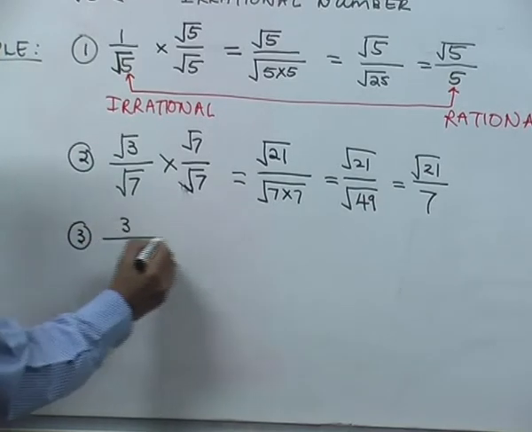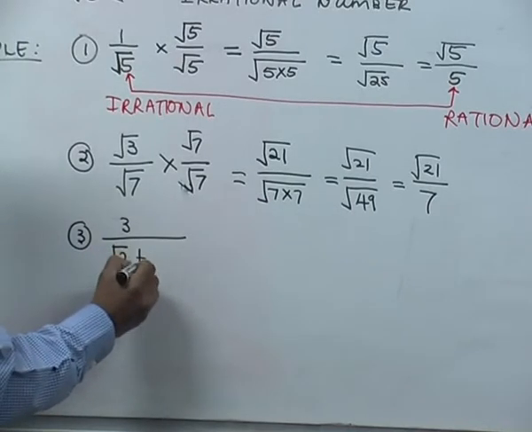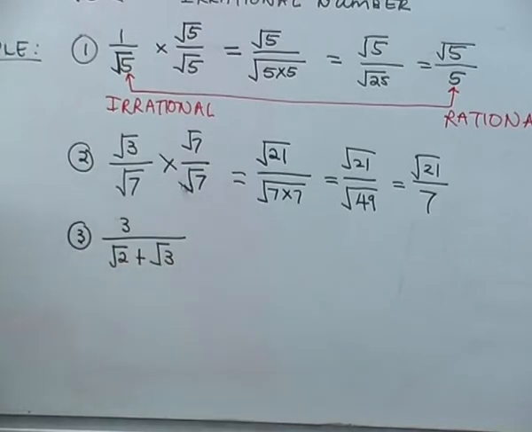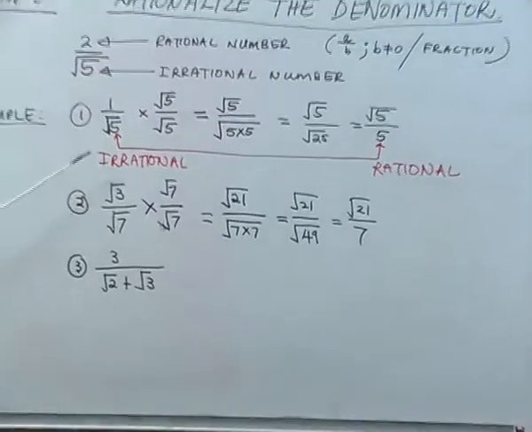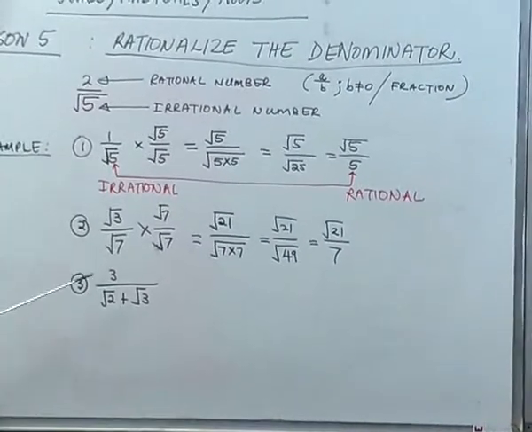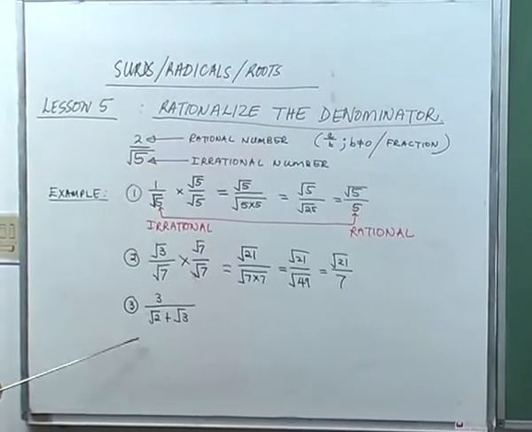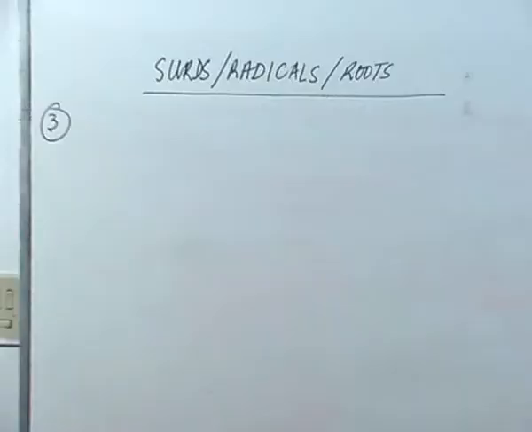3 over square root of 2 plus square root of 3. Let me start this on a fresh page because it needs more space. I'll do this on a fresh page as we need much more place.